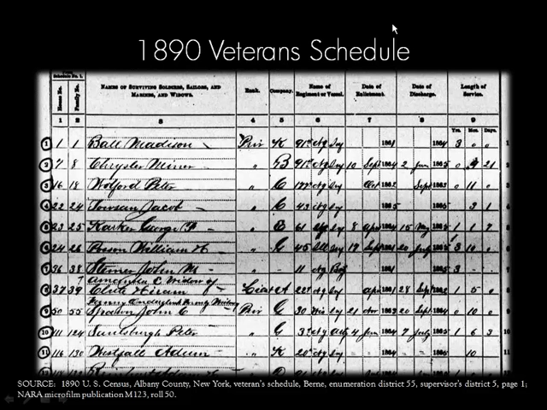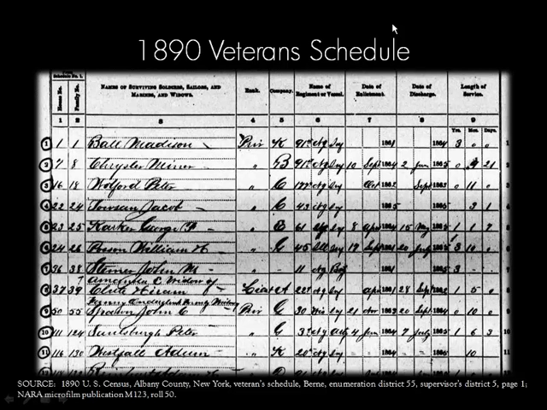It's interesting. You have to be real careful because not everyone could remember the exact dates that they enlisted. Not everyone could remember the exact date of discharge or the exact length of service. Line 1 is a perfect example. He says 1861 to 1864. Well, he obviously doesn't mean January 1st, 1861 because the war hadn't started yet. And it's unlikely that he means December 31st, 1864 either.